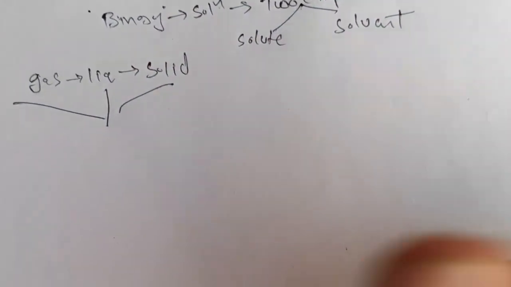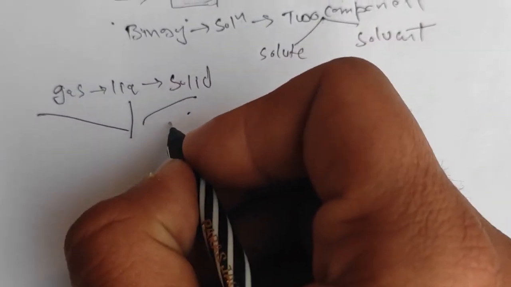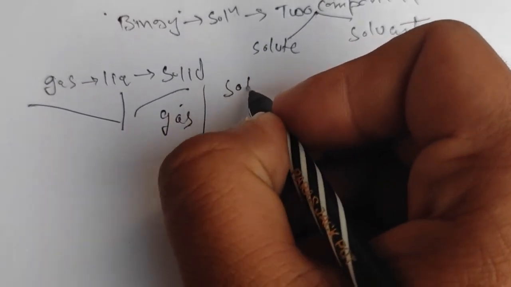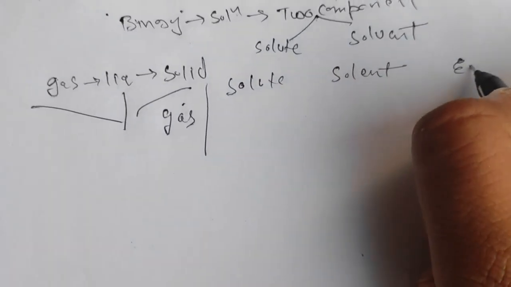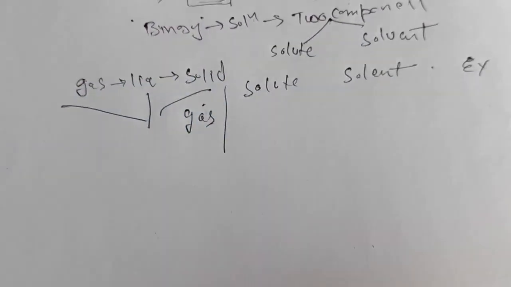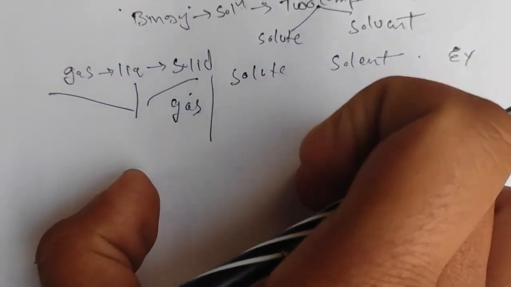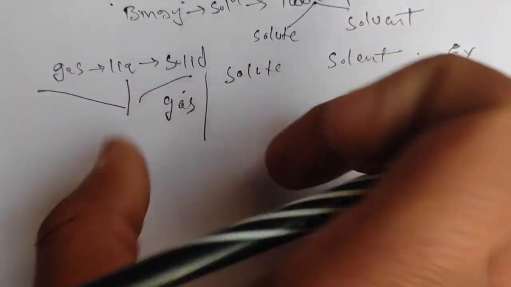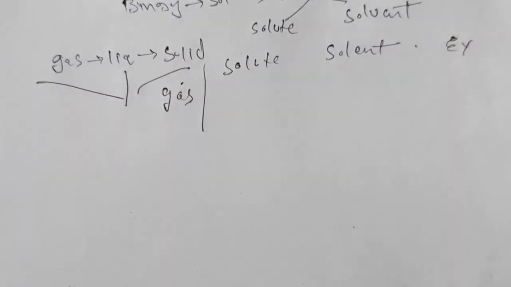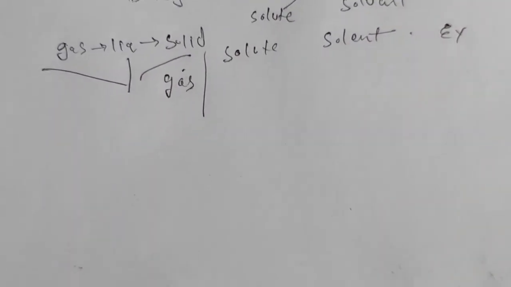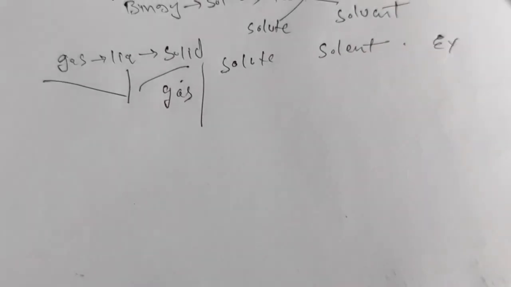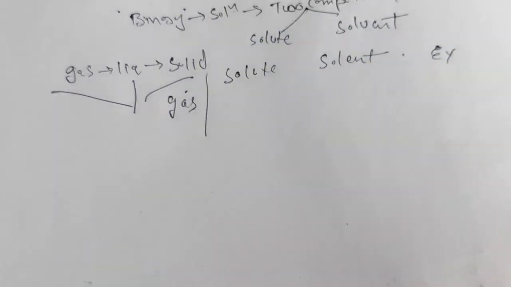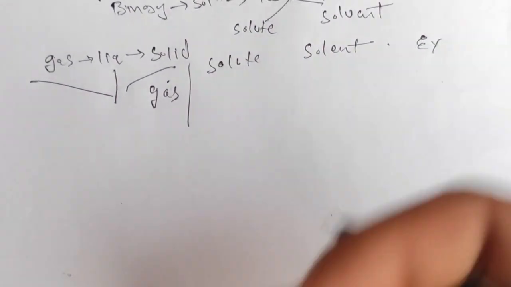First we take our solvent as gas, meaning the large amount part of the component is gas, and we fix the gas and vary the other matters, like gas, liquid, and solid, with respect to gas.